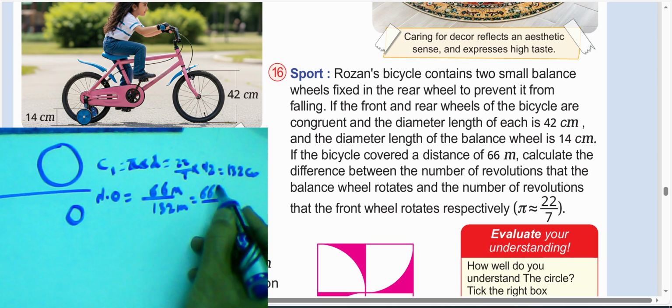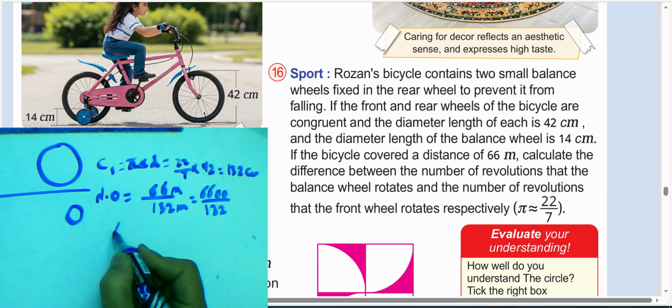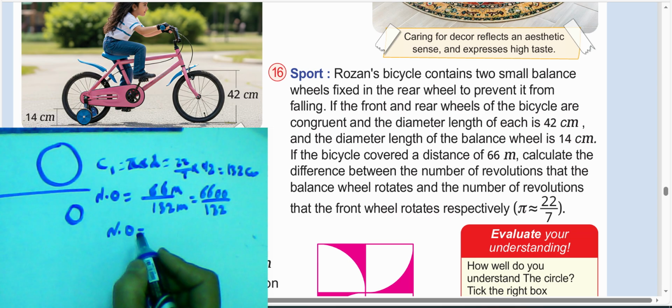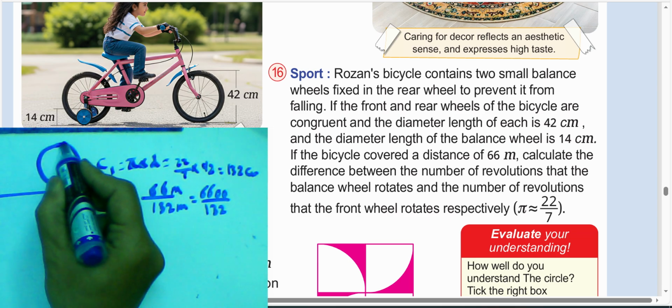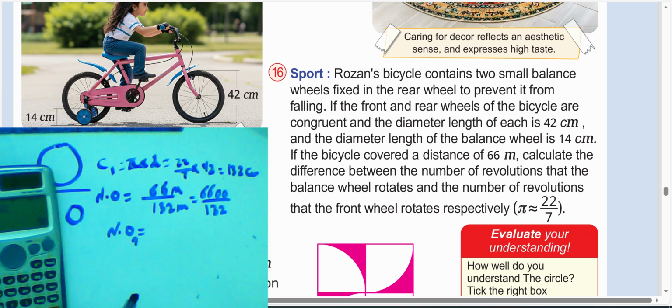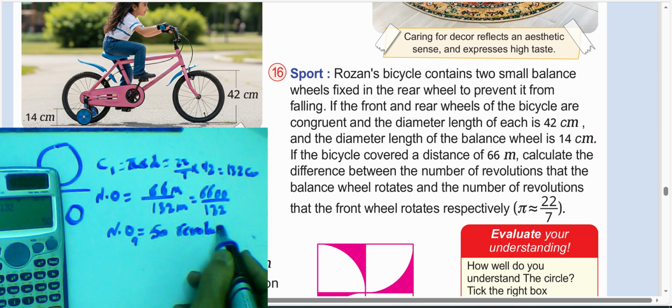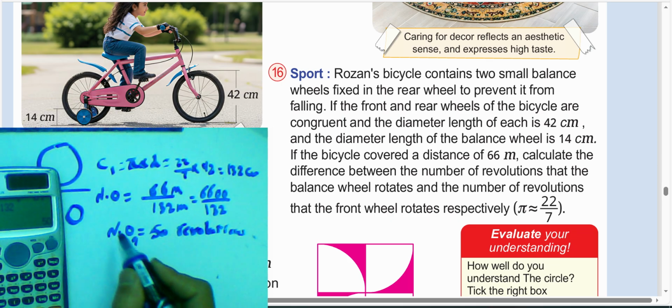Convert from meter to centimeter, product by 100. Then 6,600 divided by 132. The result will be 50. The number of rotations about the first wheel, in the calculator, is 50 rotations or 50 revolutions. The number of revolution 1 will be 50 revolutions.